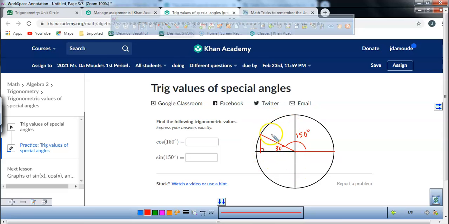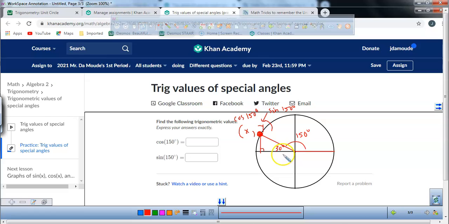So if I have a 30, 60, 90, and I am right here, and I want to know the cosine of 150 and the sine of 150, basically all I'm looking for is the x and the y. So I'm looking for the cosine of 150, and the y value, that's the sine of 150. All right, so let's think about this.